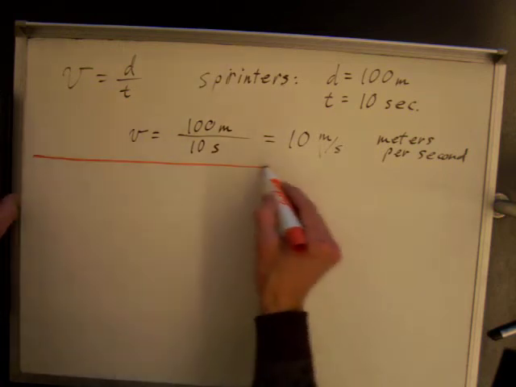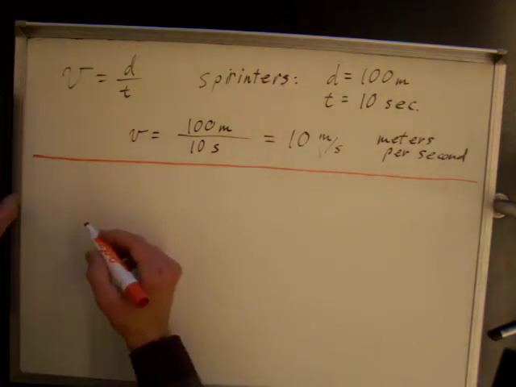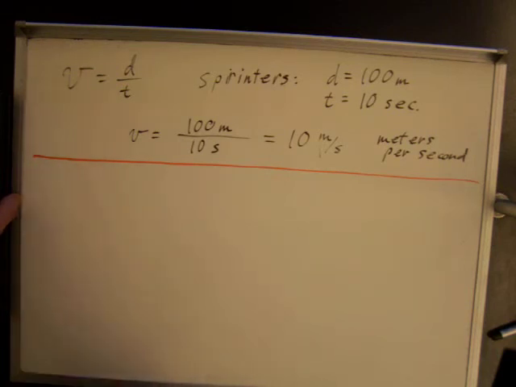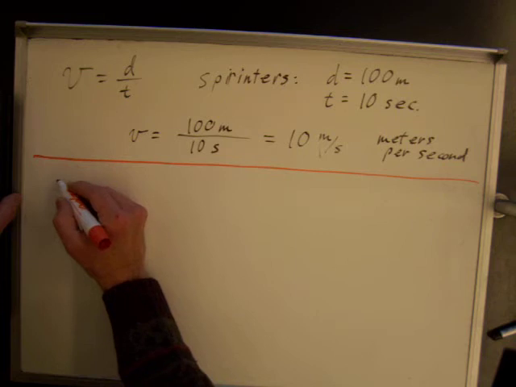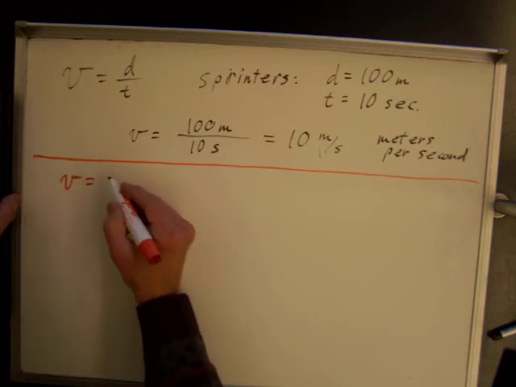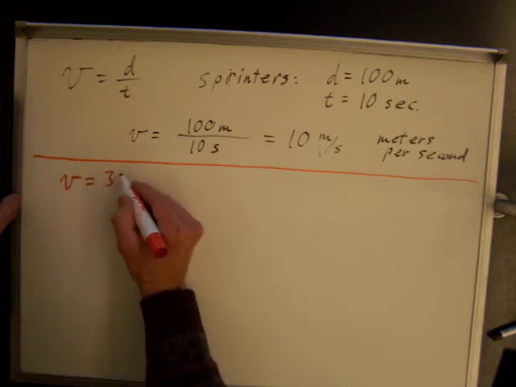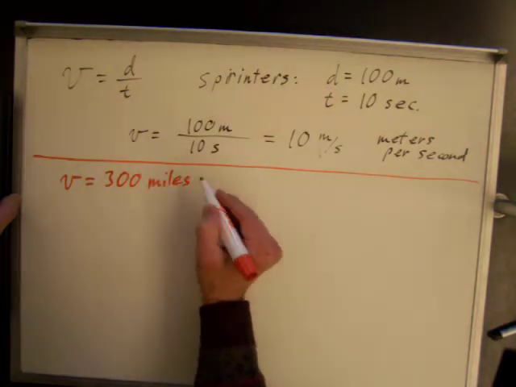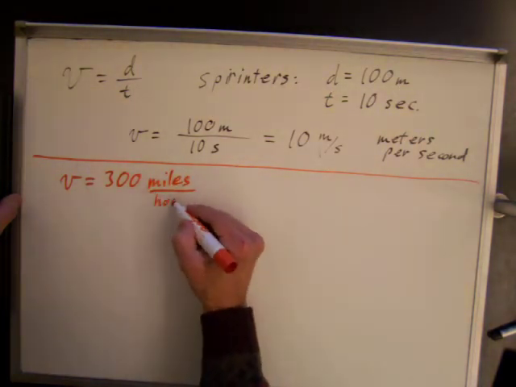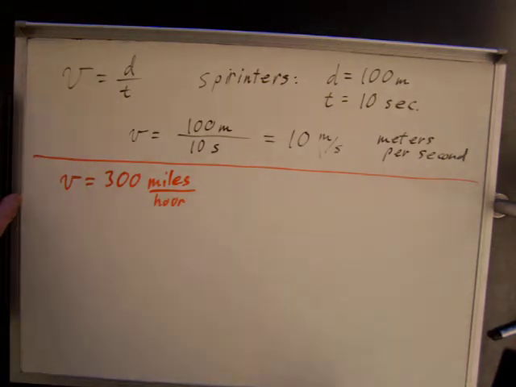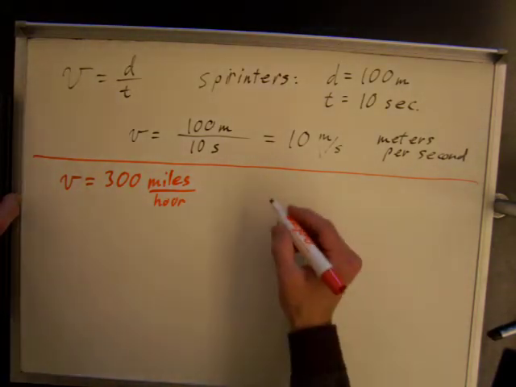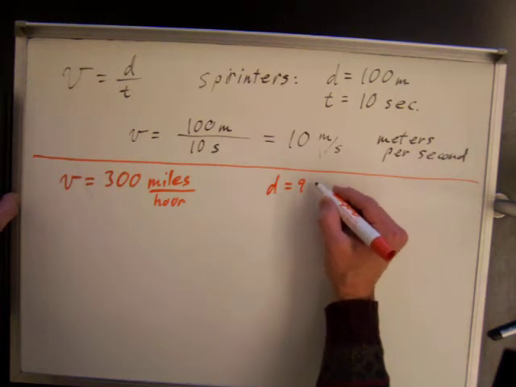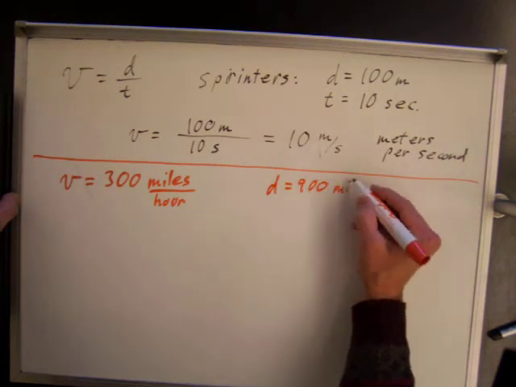Suppose I was in a plane and I looked at the plane's information and it said that the velocity was 300 miles per hour, and I knew that I had to travel a distance of 900 miles.